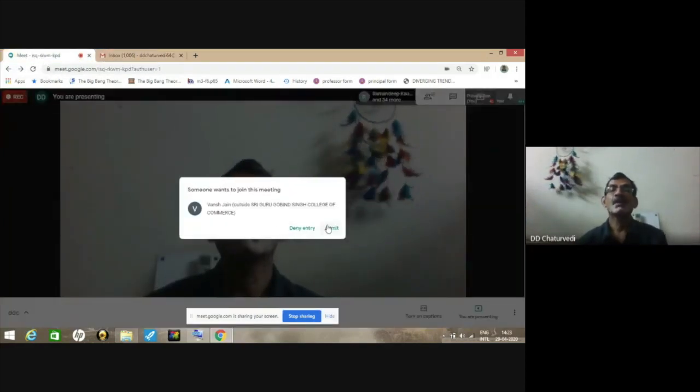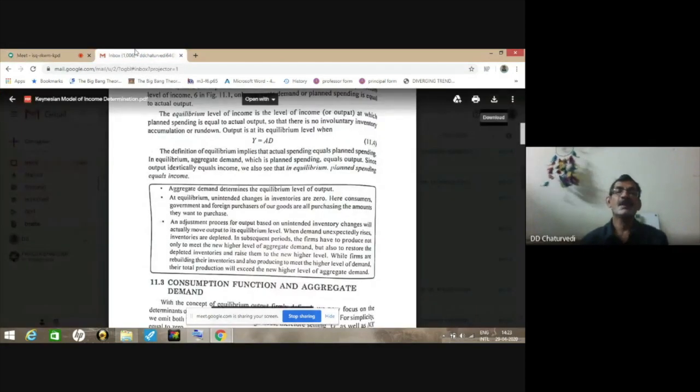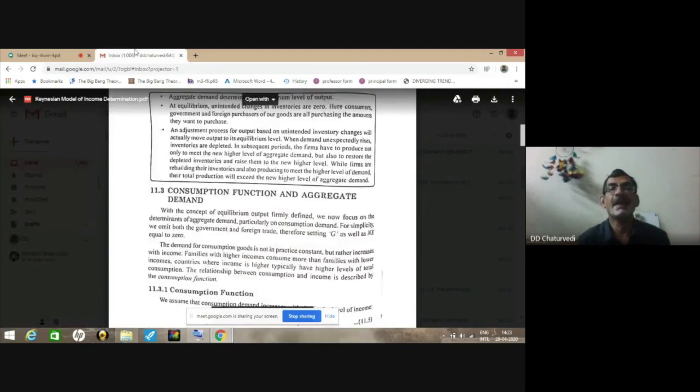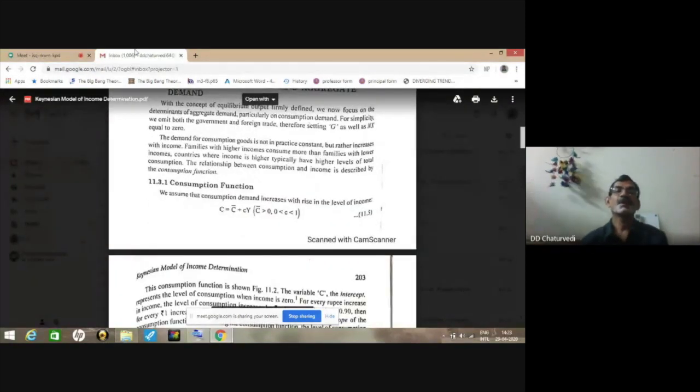Now we come to the next subheading, consumption function and aggregate demand. We all know that aggregate demand comprises consumption, investment, government and foreign sector demand. So we are starting with the consumption function that shows the relationship between consumption and income, and this relationship is explained through equation number 11.5, where C is equal to C bar plus c Y. C bar is autonomous consumption.